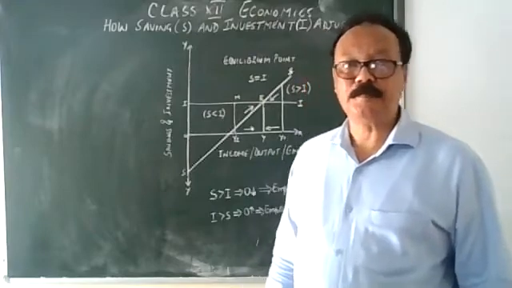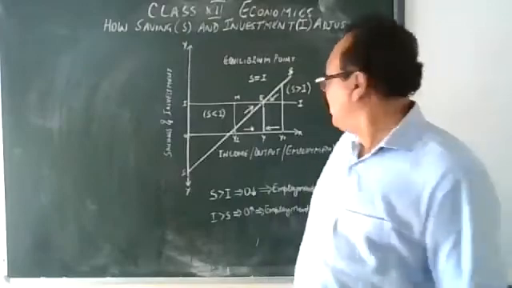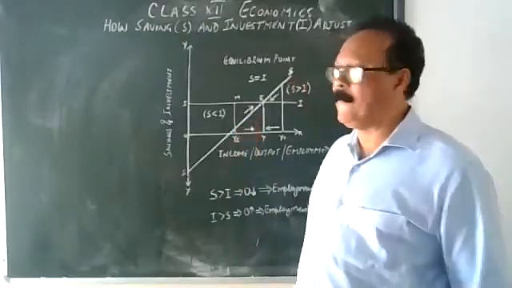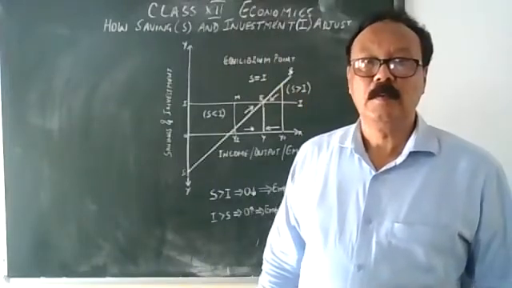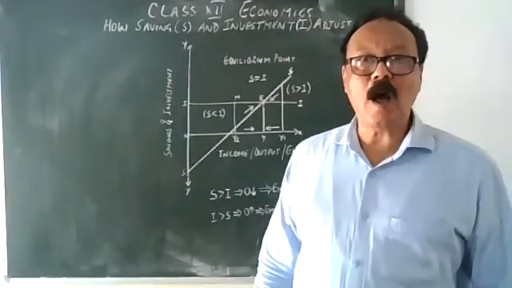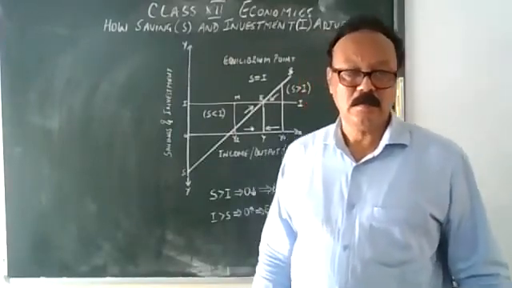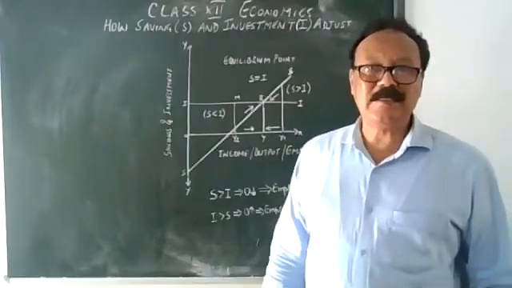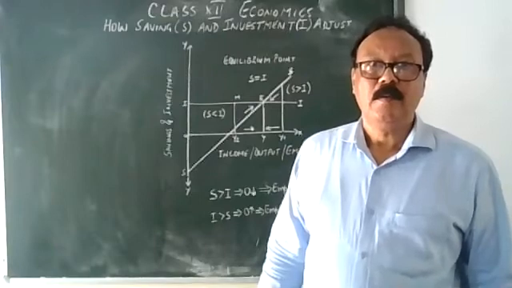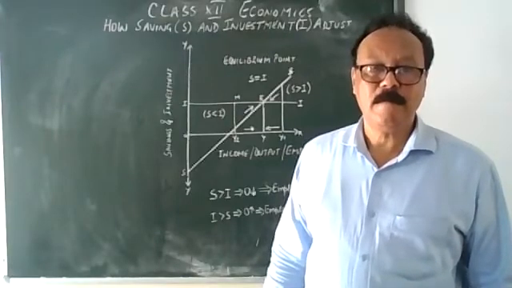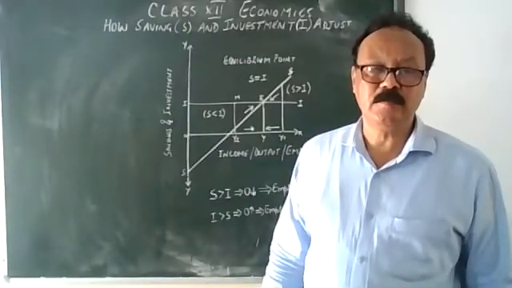Second point, at this level of income, the household's savings are less than the firm's planned investment.